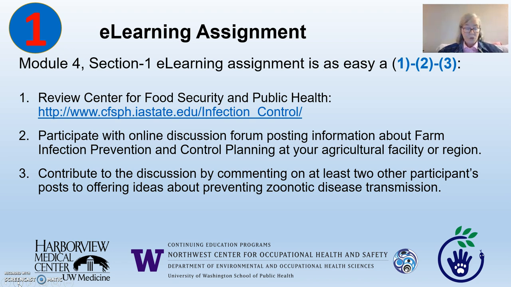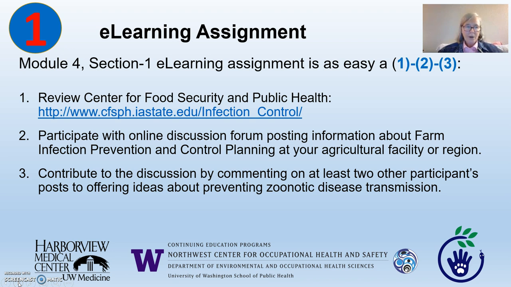So here is your Module 4 first learning assignment, and easy as 1, 2, 3. Okay, so review the Center for Food Security and Public Health. So here's a website. Again, the Iowa State University, it has some excellent materials there.